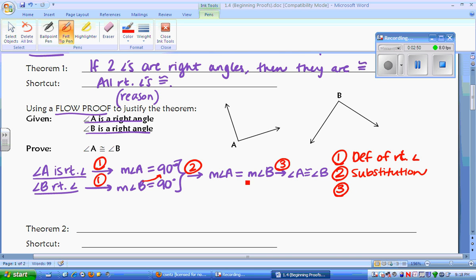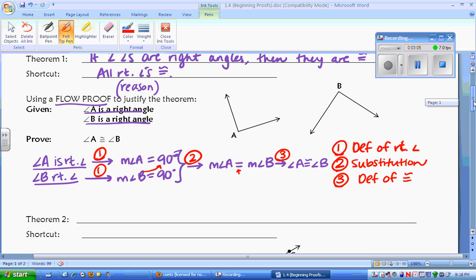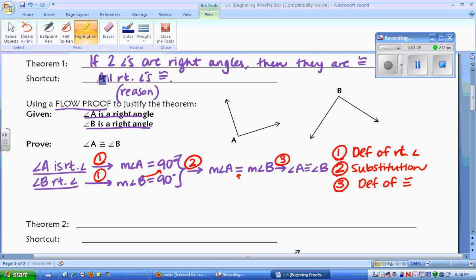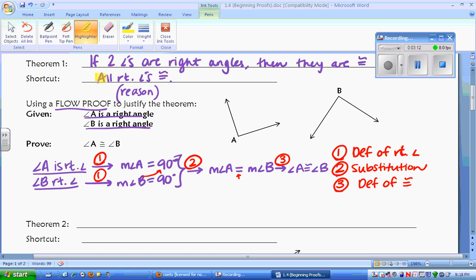And how do I know that? Well, any measures that are equal means that they're congruent, and that's the definition of congruency. Okay, so this is justifying this reason here that all right angles are congruent. Now that I proved it, I can now use it in a proof, which I will show you below.